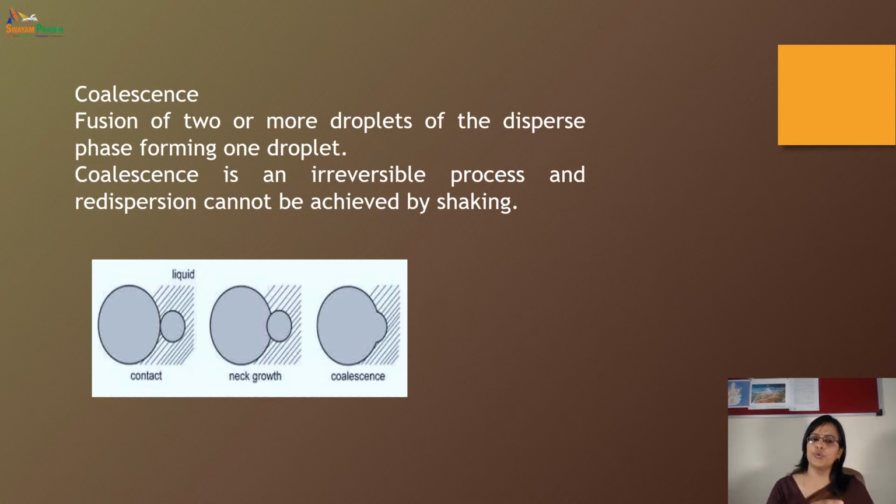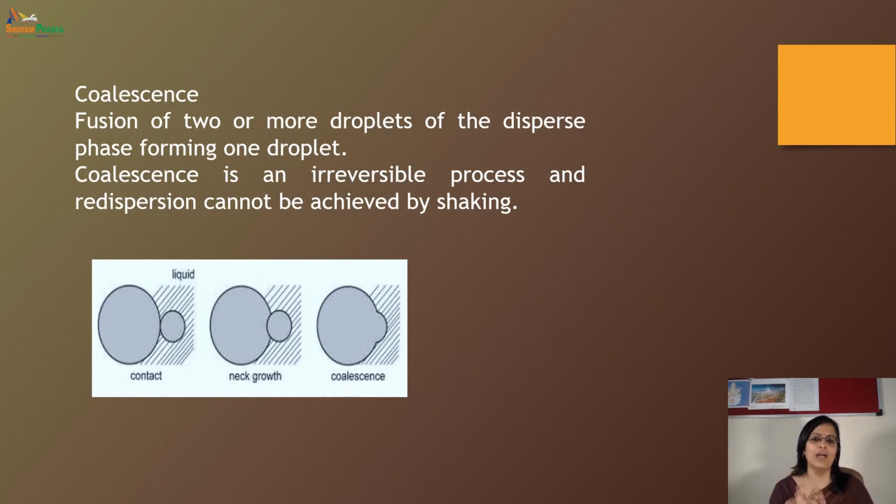Now to know in detail about coalescence: the fusion of two or more droplets of the dispersed phase to form one droplet is coalescence. As you can see in this figure, there is a droplet and an additional growth of droplet at the neck of one single droplet that leads to coalescence.